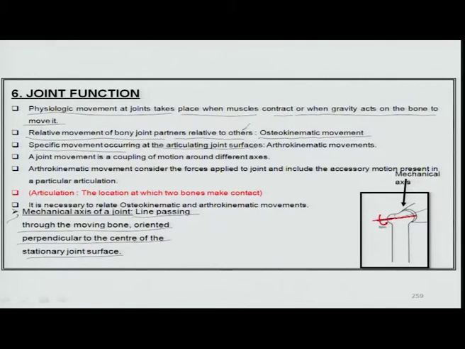If I look more into the detail of how a joint would move relative to each other when we consider the arthrokinematic aspect, there is of course some kind of convexity and concavity across which there is a relative motion.